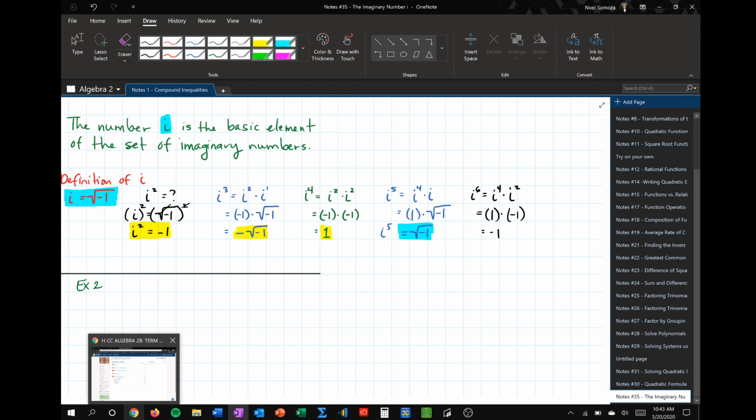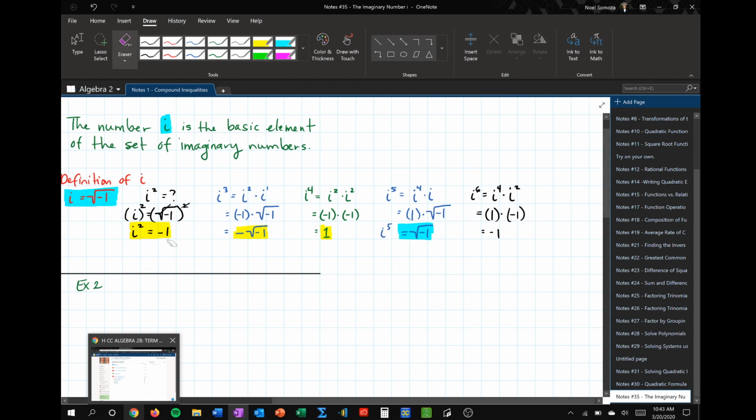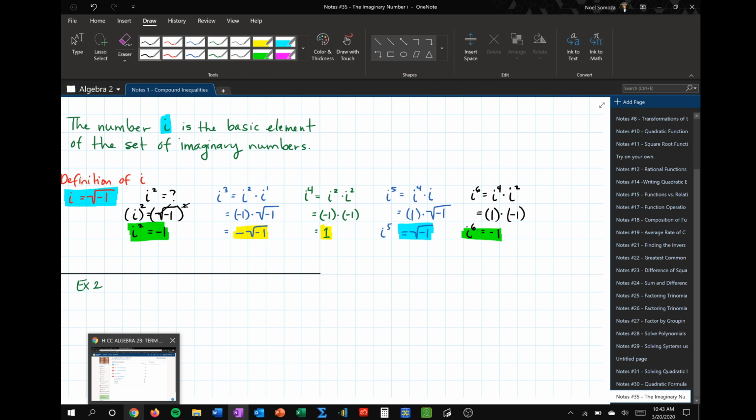Okay, so let me erase this highlight over here so that you can see that now i squared is the same as i to the 6th. Okay, so you see the repetition continues over and over.